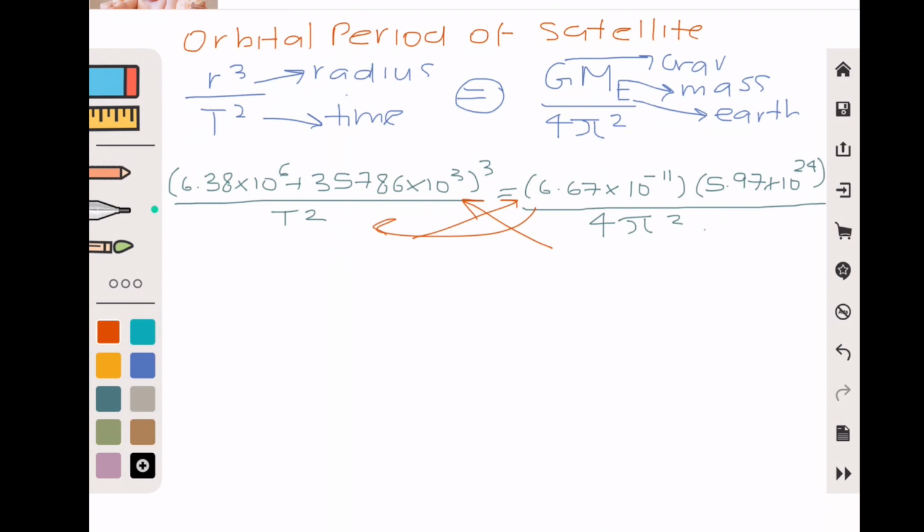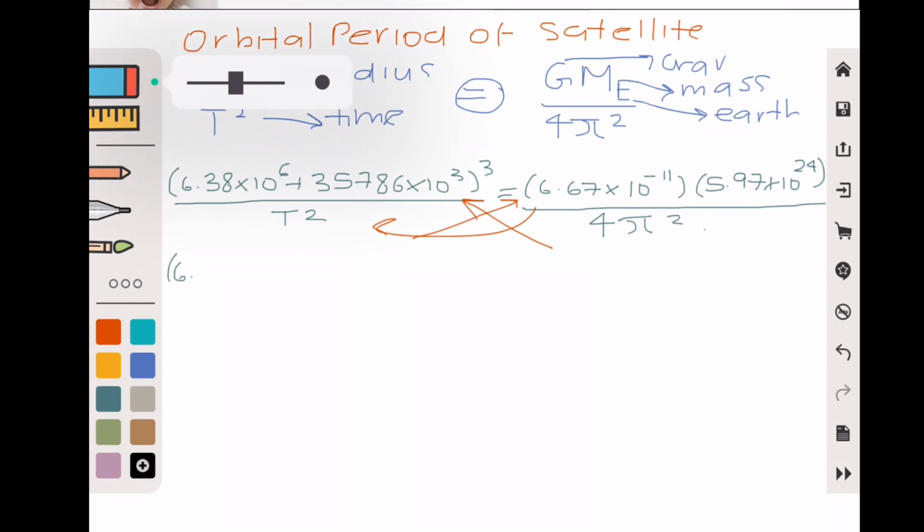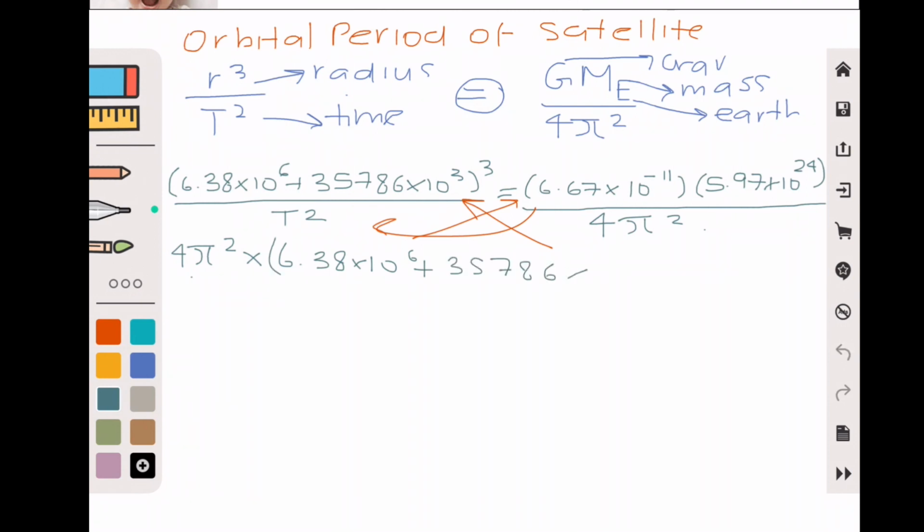Then, using algebra, you are left with 4 pi squared times (6.38 times 10 to the power of 6 plus 35786 times 10 to the power of 3) all cubed, equal to t squared times 6.67 times 10 to the power of minus 11 times 5.97 times 10 to the power of 24.